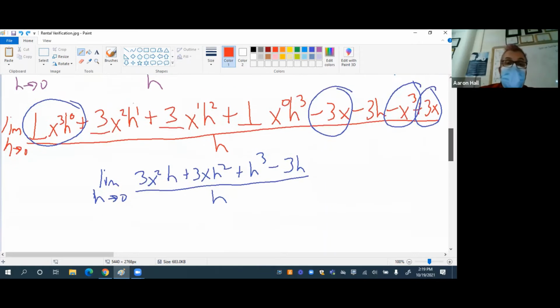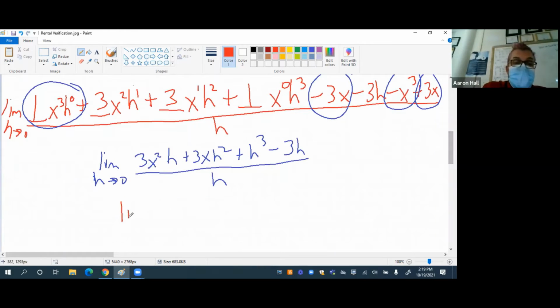Yeah, I can factor out an h. You are correct. So that would give me the limit as h approaches 0 of h times 3x squared plus 3xh plus h squared minus 3 all over h.